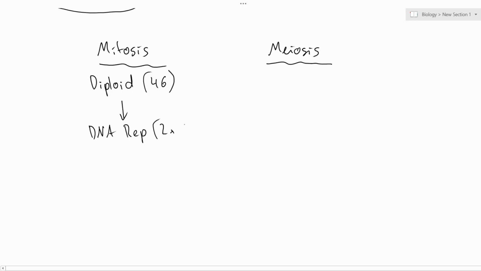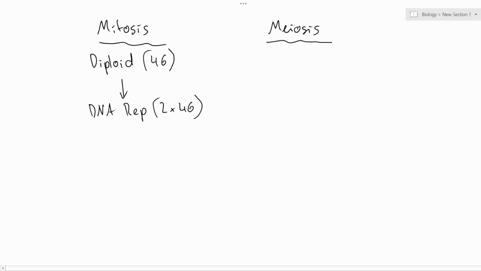So we essentially have two sets of that 46, and then we get our division, so a splitting of one diploid cell now with that double set as a result of DNA replication, and we end up with two diploid cells which each have 46 chromosomes within.